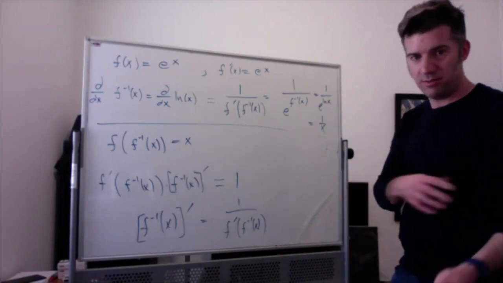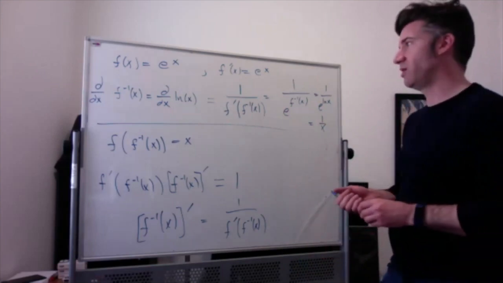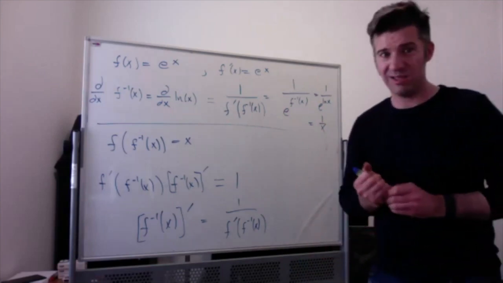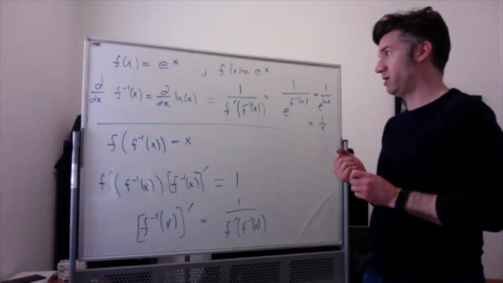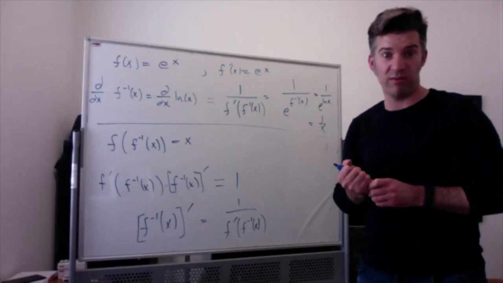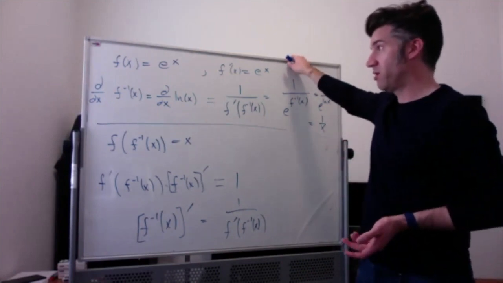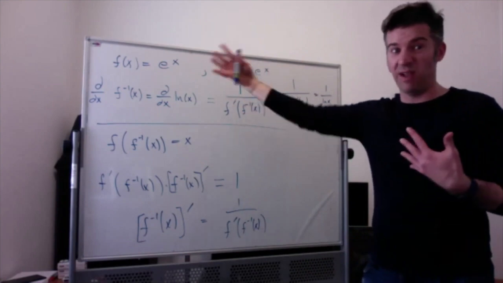This formula for finding the derivative of the inverse is really just a shortcut to the process of using implicit differentiation to find a derivative. We could totally, and just did, find the derivative of natural log of x this way.